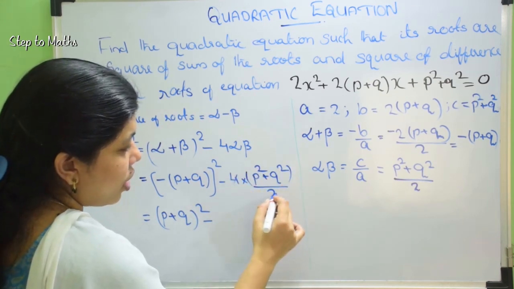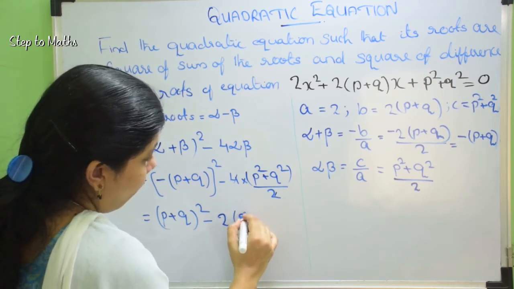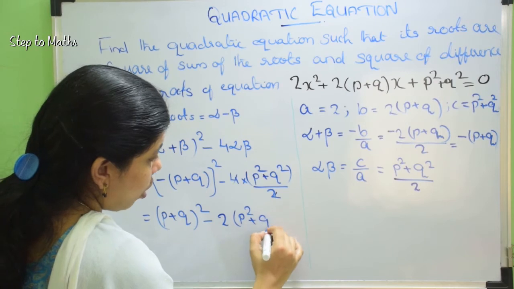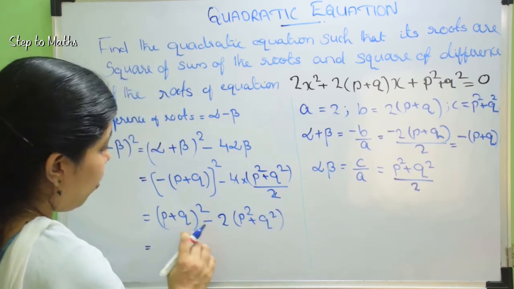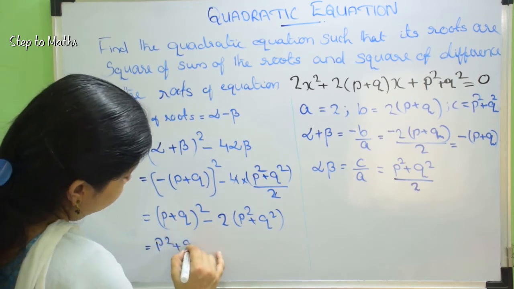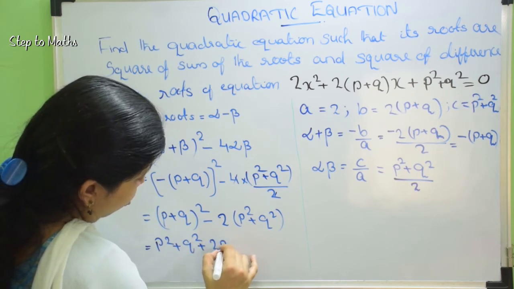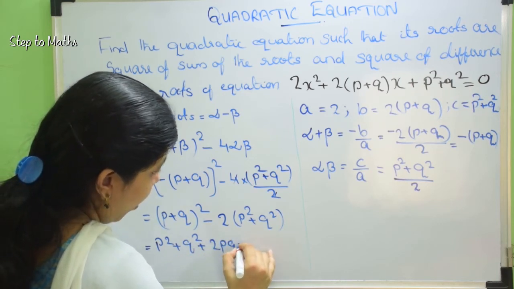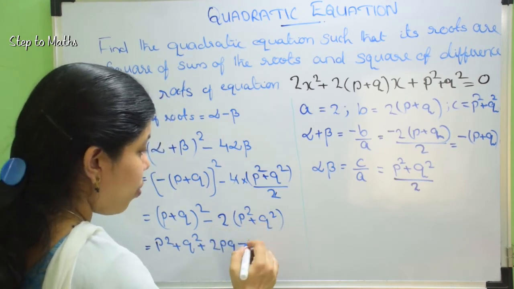Then we can cancel this 4 and 2. Then it becomes 2 into (p square plus q square). (p plus q) whole square is equal to p square plus q square plus 2pq minus 2 into (p square plus q square).